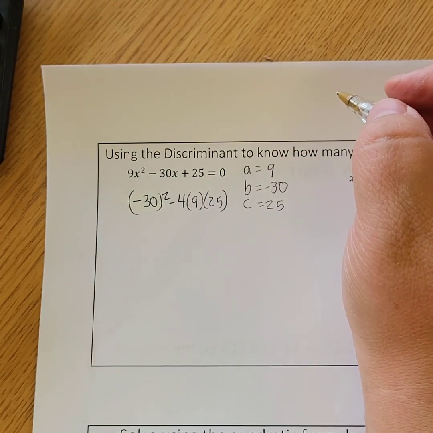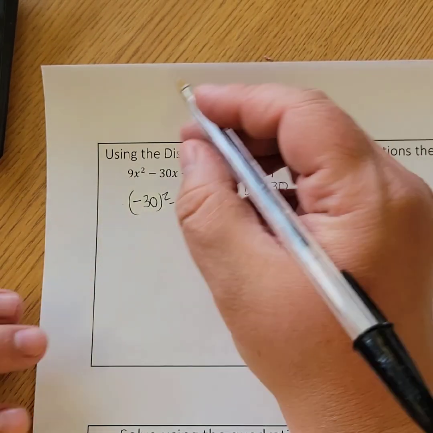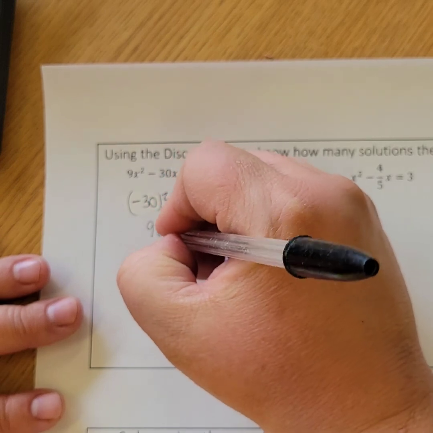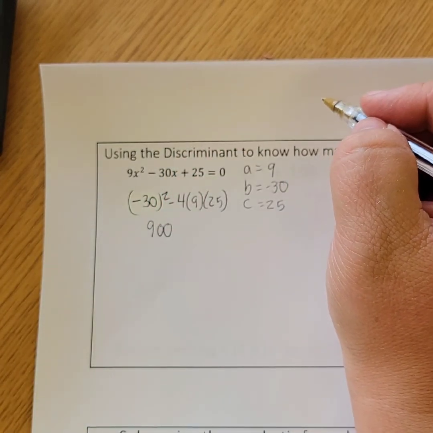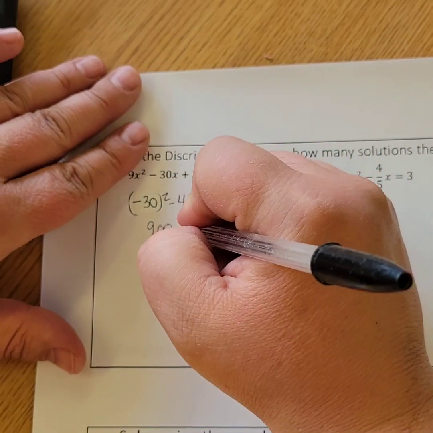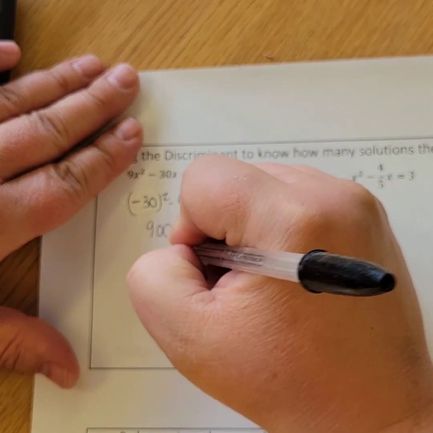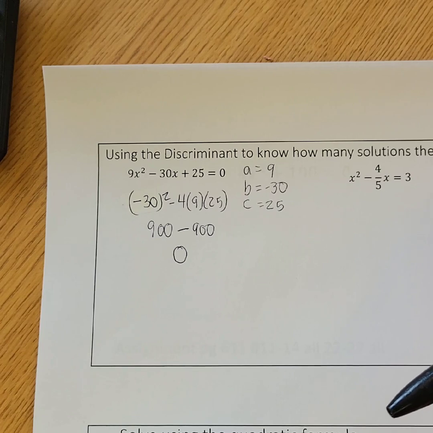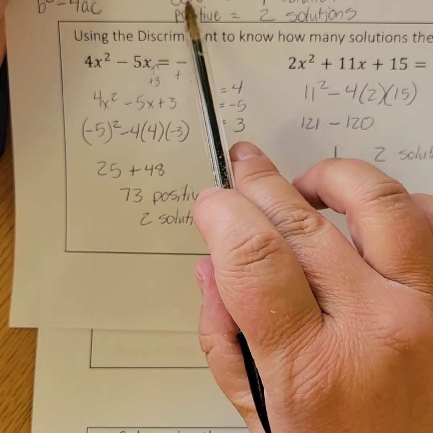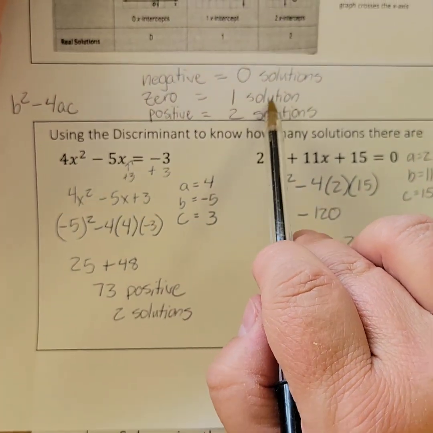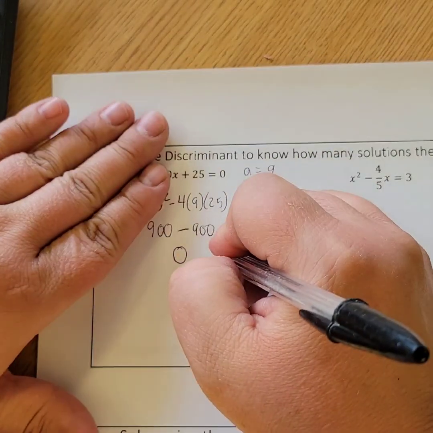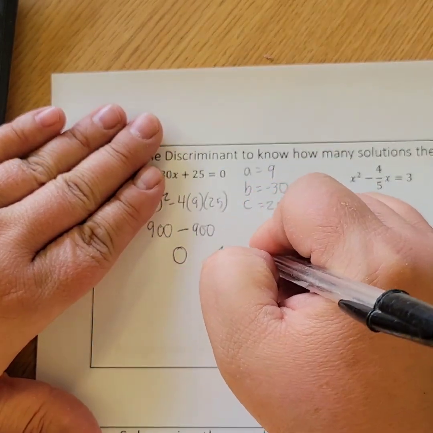So that's 900. 4 times 9 times 25. Minus 900. So that gets us 0. So looking back, if it is 0, there's only one solution. Okay? So one solution.